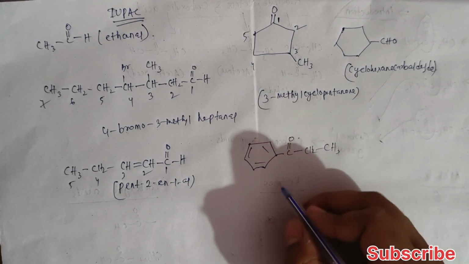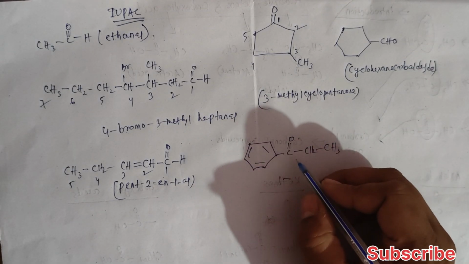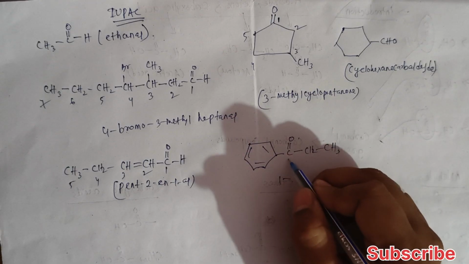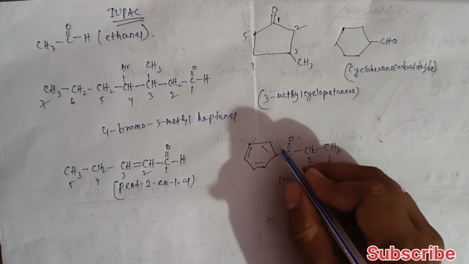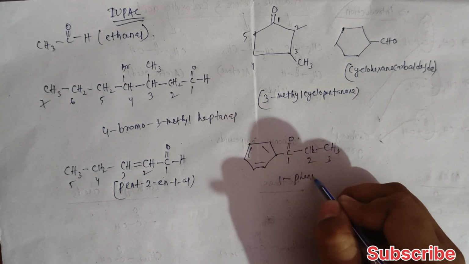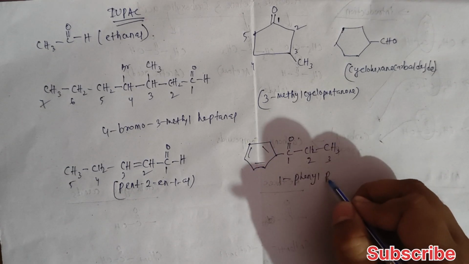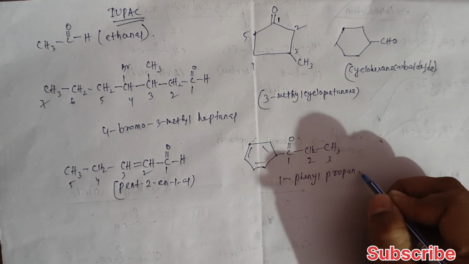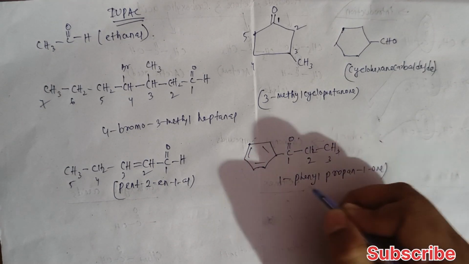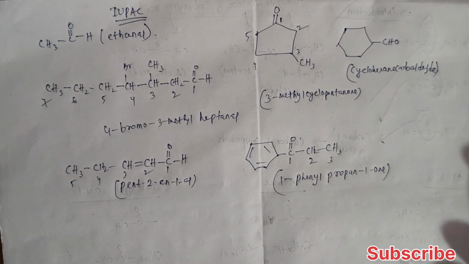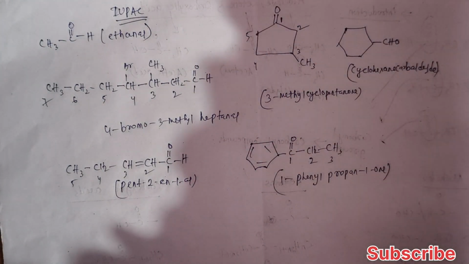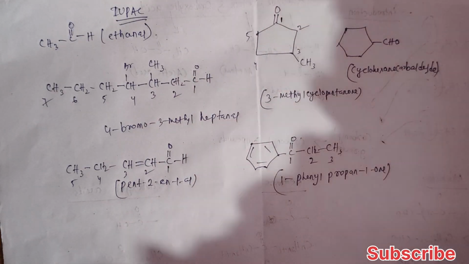So what will be its name? 1 phenyl. So how can I count the carbon atoms? 1, 2, 3. So 1 phenyl, this is 1 phenyl, this is propan-1-one. Okay, so like this we can easily write the IUPAC name of the different ketones and aldehydes.